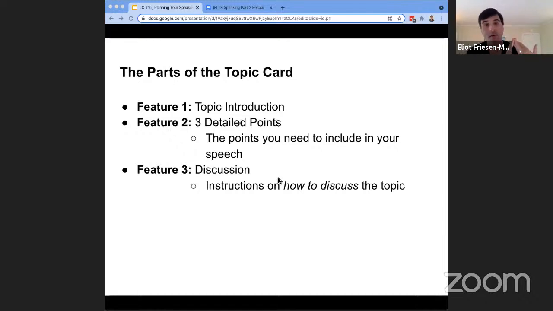And then feature number three is the discussion prompt, okay? This is a prompt that is going to let you know what you are supposed to discuss at length. And for this one, this discussion prompt tells you how you are supposed to respond. So they will say things like, explain. So my topic a moment ago, a teacher that was influential to you or memorable to you.